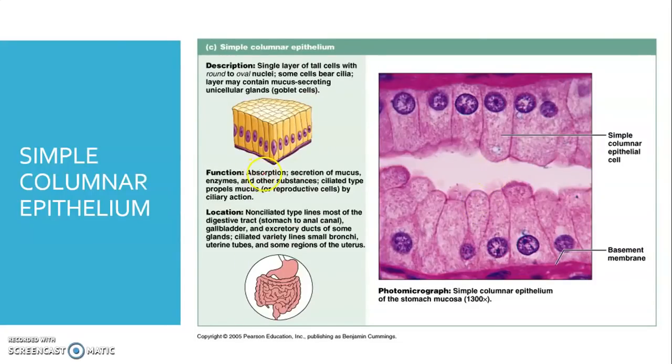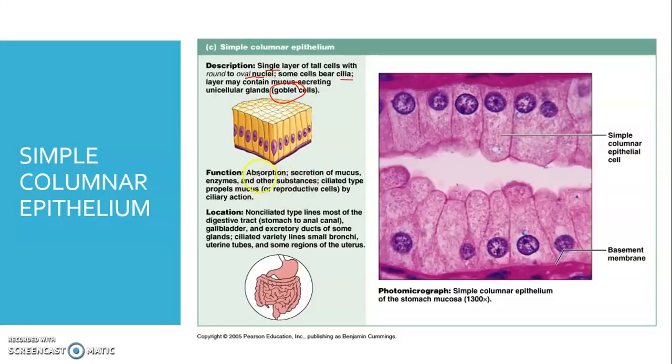Next we go to the simple columnar epithelium. How to describe it? Because it's simple, it consists of a single layer of tall cells. It's quite tall, and the nucleus is quite oval shaped. It has cilia, and some of the cells are unicellular glands, which we call goblet cells, the secreting epithelial cells.